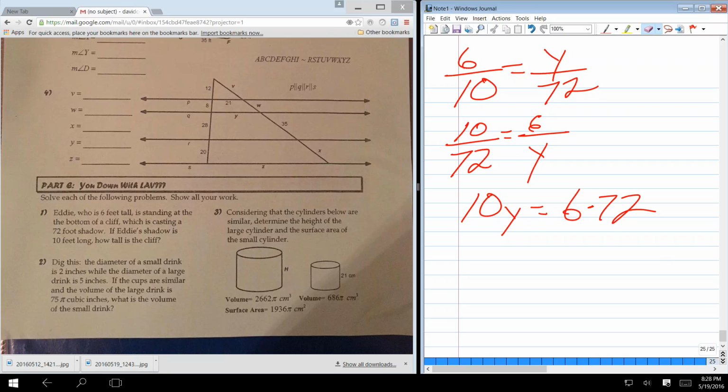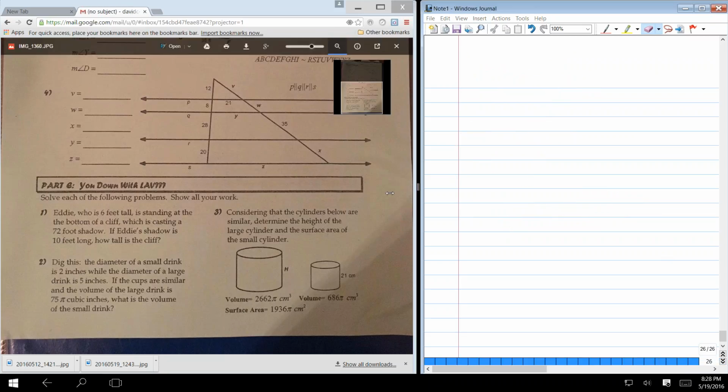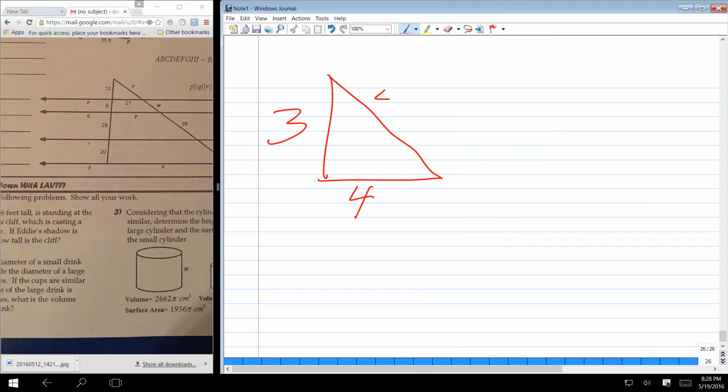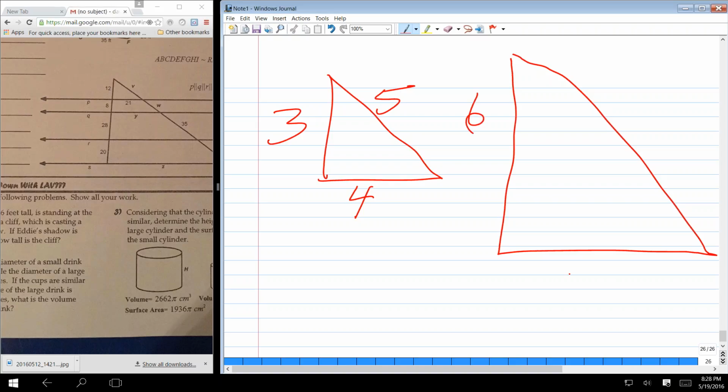You have similar triangles. Let's just review that because this is not that clear to everybody. Let's review a 3, 4, 5 with a 6, 8, 10. We know they're similar, right? I got all kinds of ratios I can set up here. I can say 3 is to 6 as 4 is to 8, as 5 is to 10.